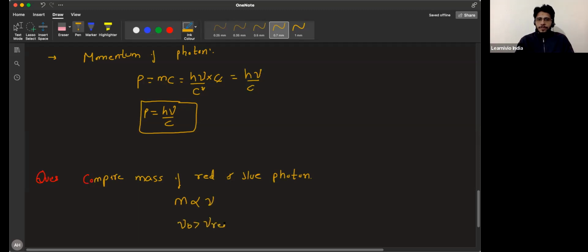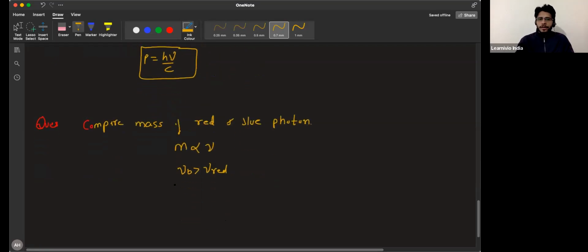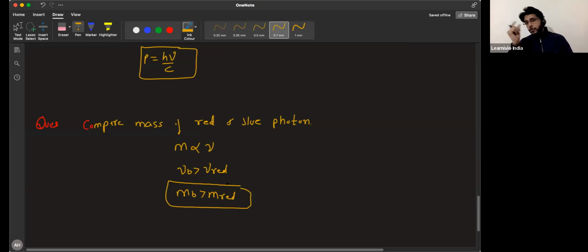So you can say that the mass of the blue color photon is greater than the mass of red color. So mass varies with frequency. If you have to compare the masses of photons of two different colors, then just compare their frequencies. The relation of frequencies and masses is the same.